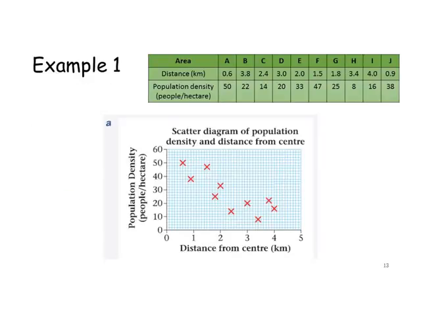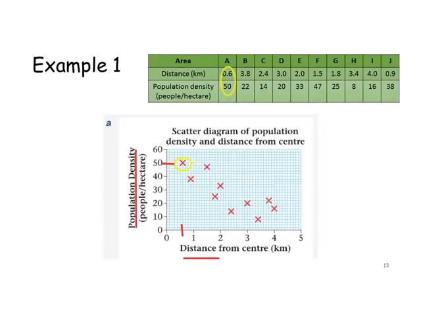And this is simply plotting points. On one axis we have distance, and on the other axis we have the population density. And all we do is take the two coordinates, 0.6 and 50, and you can see that's the corresponding coordinate there. Horizontal axis 0.6, vertical axis 50. And we continue to do that.